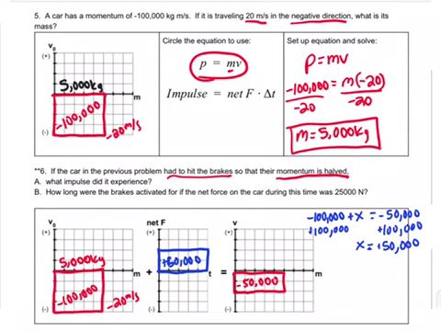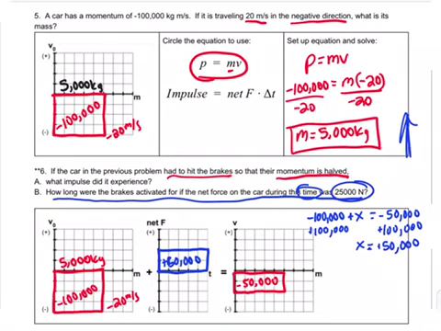After you get to this point, the rest of the problem is no different than anything you did in problems 1, 2, 3, 4, and 5. I'll show you what I mean. In part B, we just answered part A, by the way. We want to figure out the time if this was the force.